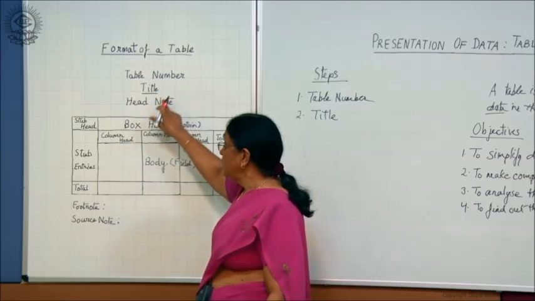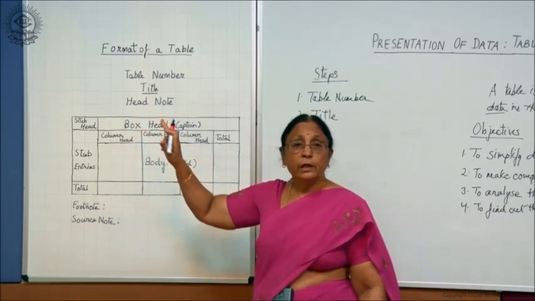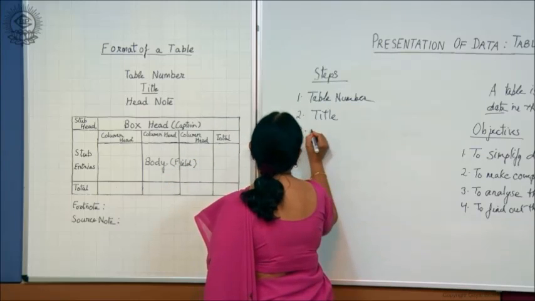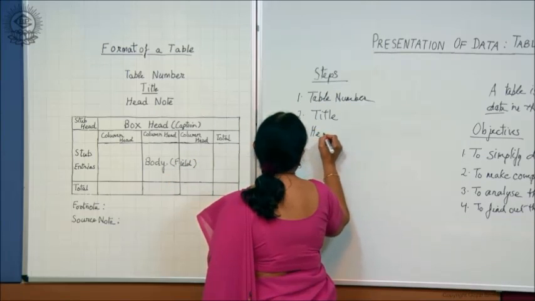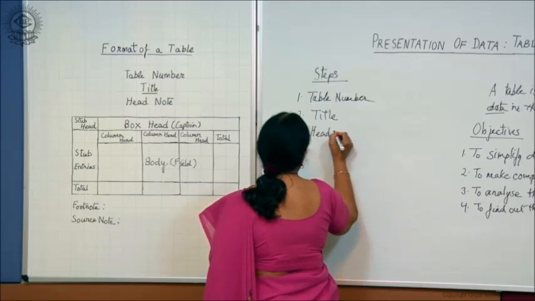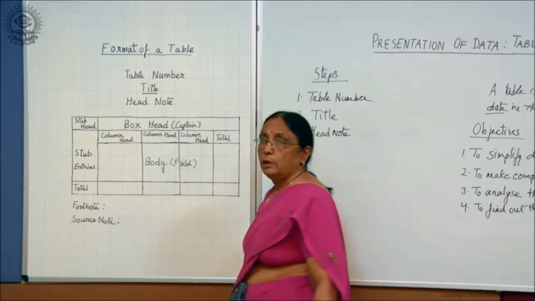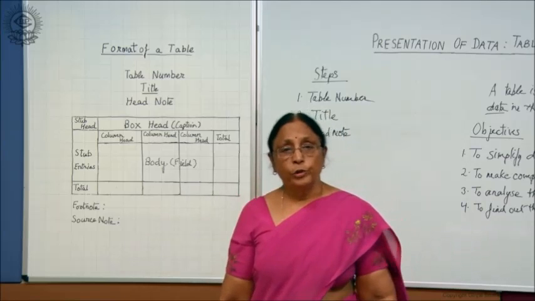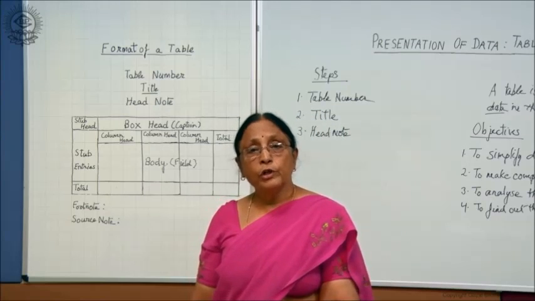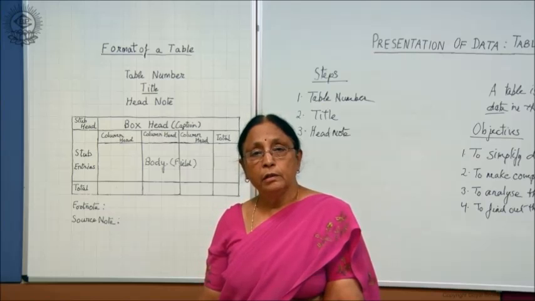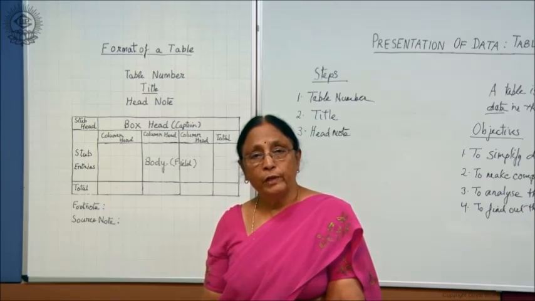Now below the title you see it is written head note. This is the third important thing. Now what is the head note? Suppose the title you are giving is agriculture production in a country in the year 2012.